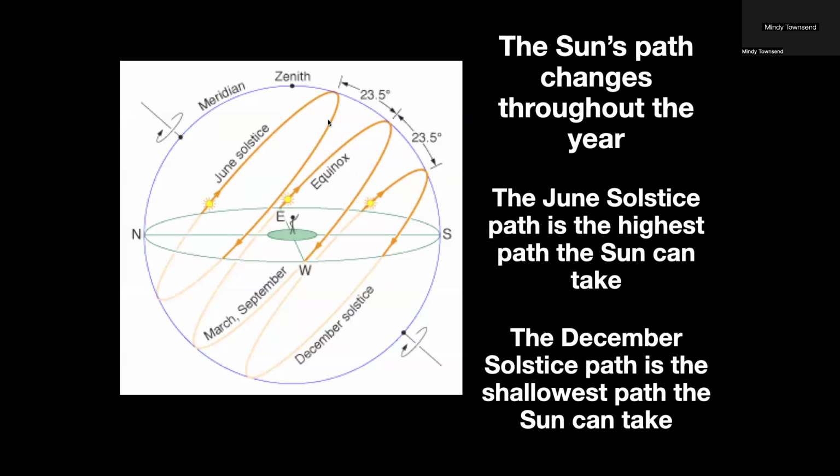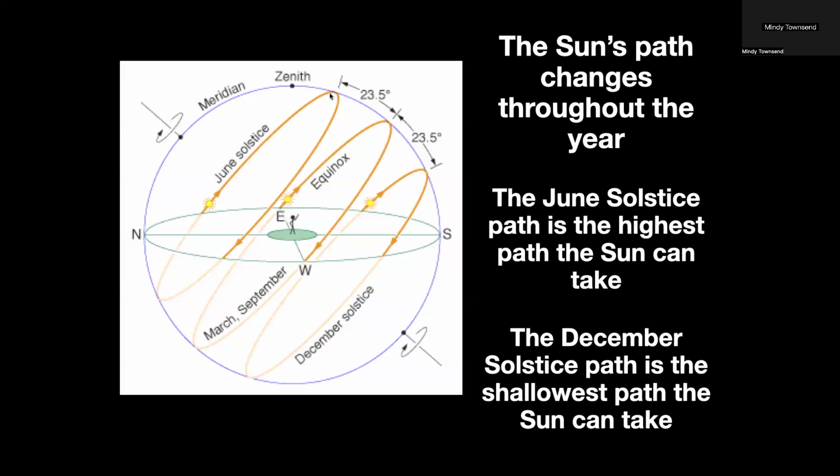That is the June solstice. And when it takes this path, this is the highest path that the sun can take. After the June solstice, the sun will creep back down to the equinox path on the first day of fall, and then it will go down even more to the December solstice, which is the shortest day of the year, and it is the lowest path the sun can take in the sky.